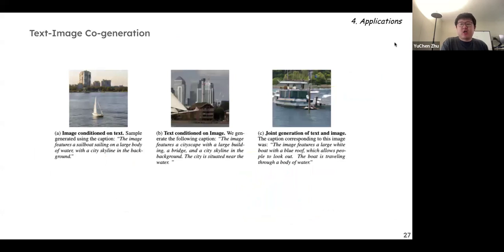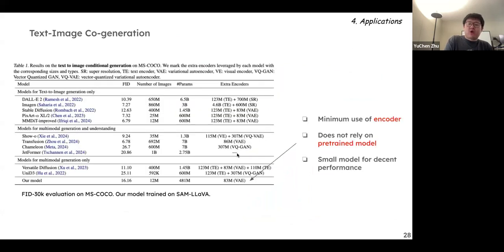With all this design, we can look at several applications, like text-image co-generation. Here I'm showing some qualitative examples, each showing that the generated images are consistent with the text. More quantitatively, we can look at the FID of this text-image generation.